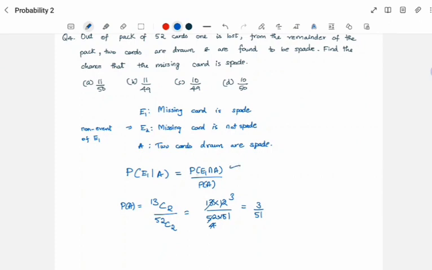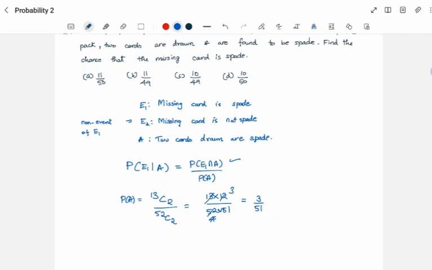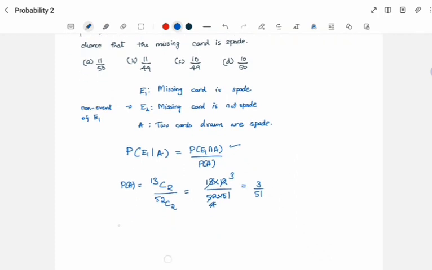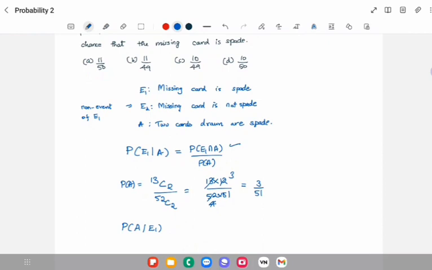And how do we find P of E1 intersection A? The missing card is spade, and then I'm drawing 2 cards, and I want to find the intersection between these two. So it is not direct to find. What we do is, I know P of A given E1, I can find this one easily, correct? If I know the missing card is spade, then I can say what is the probability that the 2 cards drawn are spade.